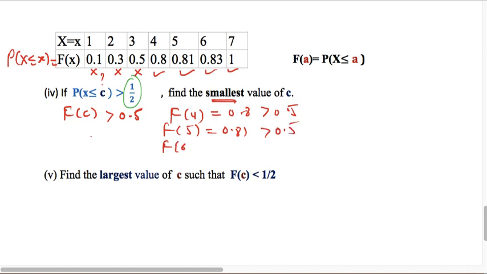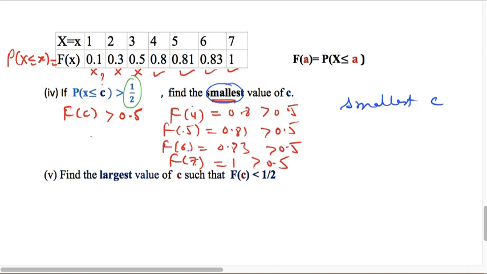F of 6 is 0.83, which is also more than 0.5. F of 7 is 1, it is also more than 0.5. So we have more than one entries, like a 4 here, a 5 here, 6, 7, but we need to calculate the smallest. So the smallest one is here, c equals 4. So we got c equals 4.